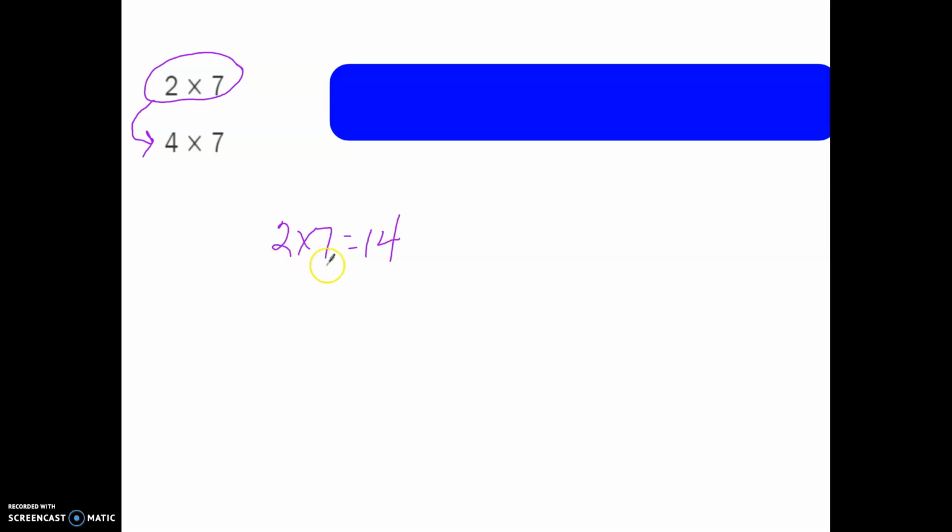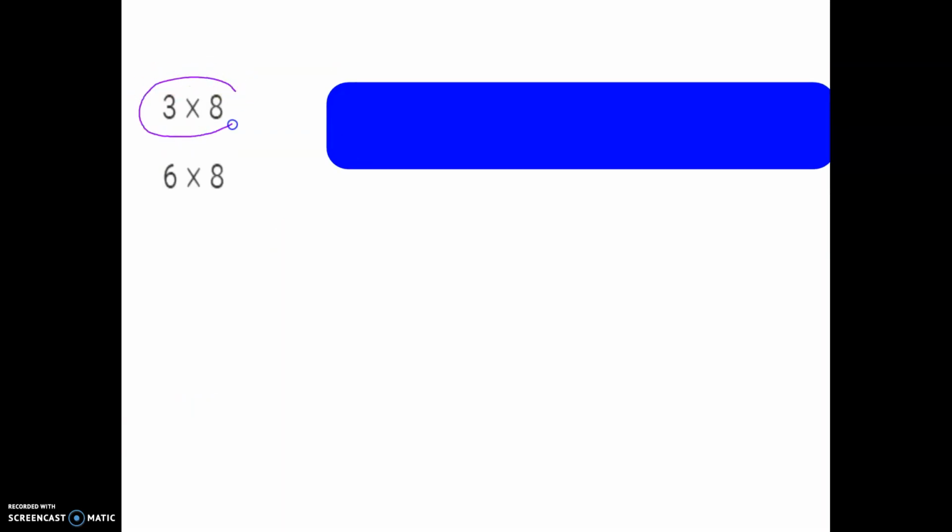So I will start with 2 times 7, which is 14, and I'm going to double the 14 to get 28. So I can take 14 plus 14, add those together, and get to 28. So that means 4 times 7 equals 28.